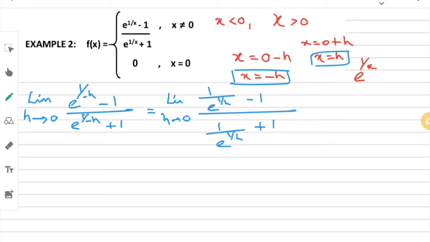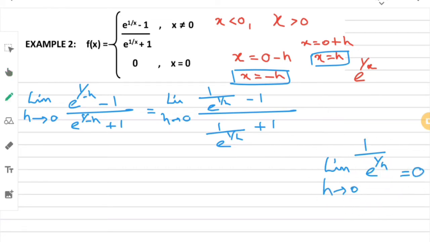And what is the next step I'm going to do now? I'm going to tell you one formula. When limit h tends to 0, 1 by e power 1 by h, your value is 0. So I'm going to split the limit separately for the numerator as well as for the denominator, and then replace this one.